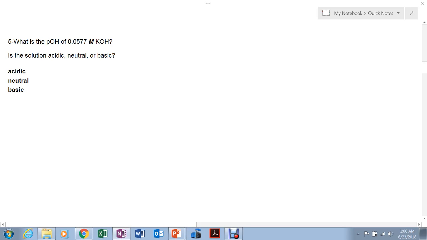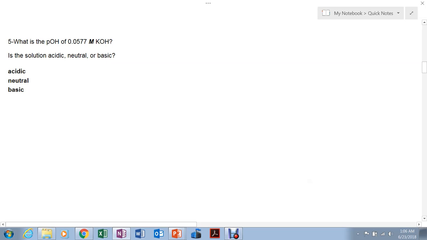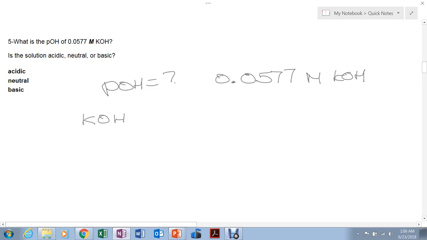Okay, and we got, what is the pOH of a solution of 0.0577 molar KOH? This is also straightforward. KOH again is potassium hydroxide, a strong base, which dissociates 100% into potassium ions and hydroxide ions.